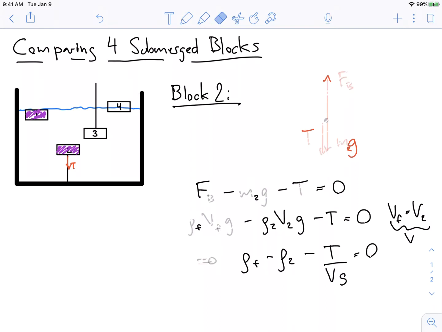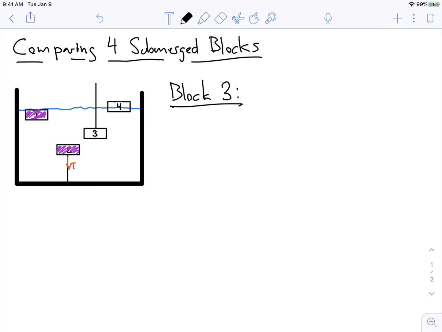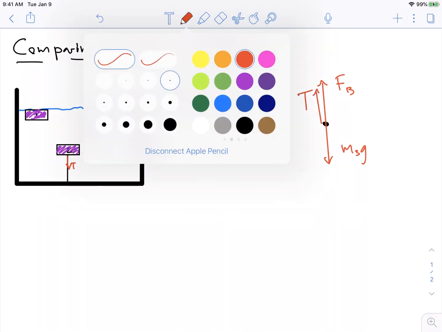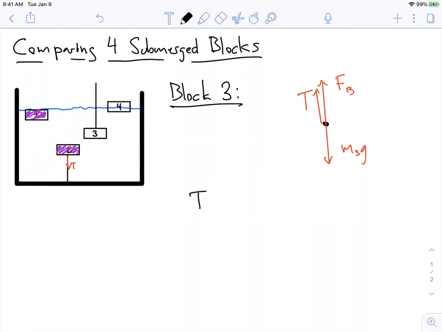Let's take a look at block 3. Block 3 is essentially the opposite of the one we just did. The tension force is in the opposite direction. So we still have our buoyancy force going up, Fb, and we still have our weight going down. But we also have this third thing, this tension force going up. So our force balance becomes the tension plus Fb minus m3g is equal to 0.